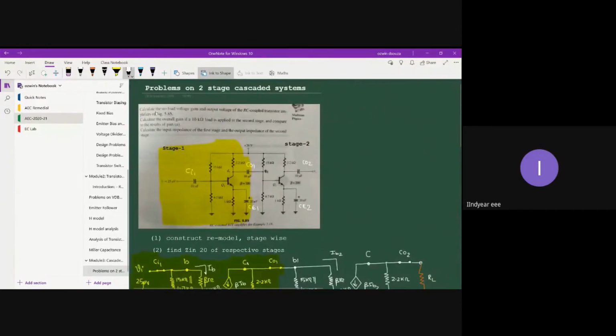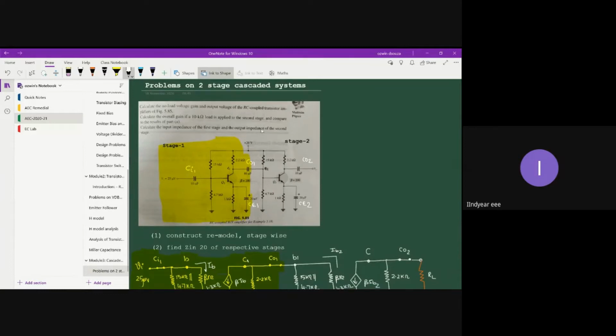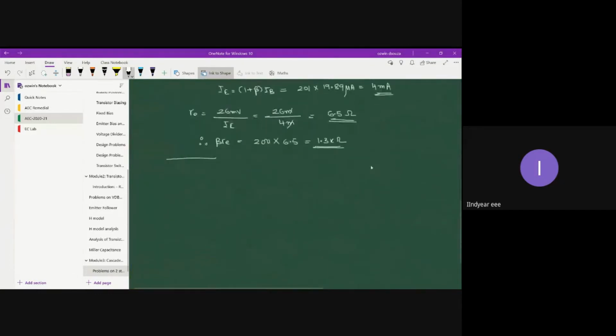Now let us calculate the no load voltage gain and the output voltage of the transistor. To find the no load voltage gain, we will define the individual gains.